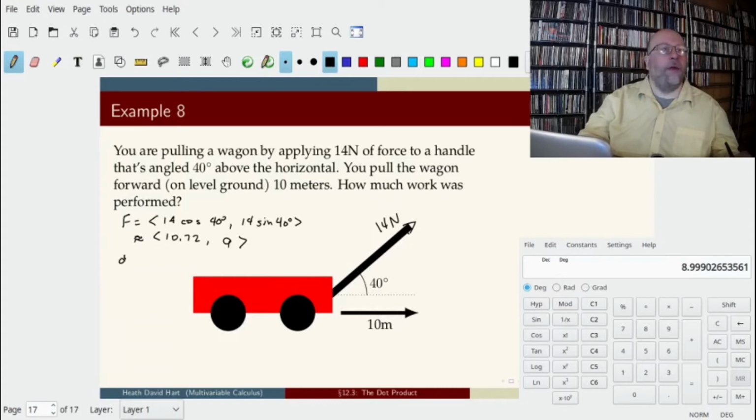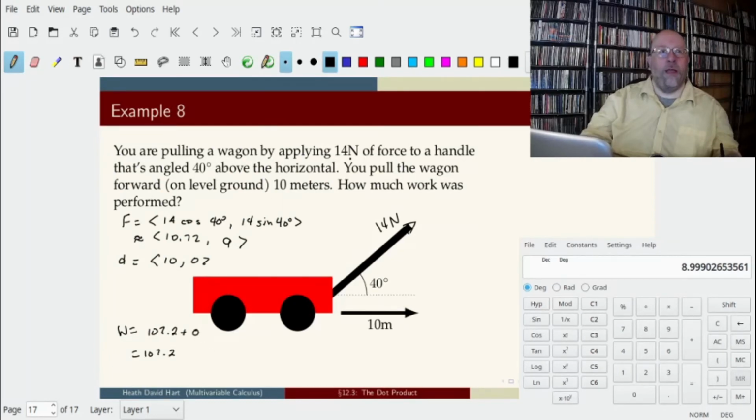And then we calculate the distance vector. Well, that's just 10 meters in the x direction. So that's just <10, 0>. And so the work that was performed is the x components multiplied by each other. 10.72 times 10 is 107.2 plus 9 times 0, which is 107.2.